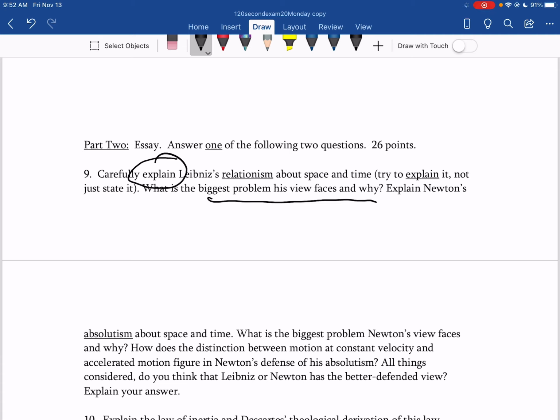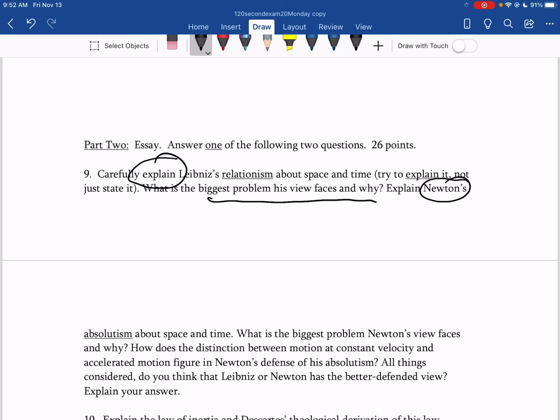Leibniz tries to handle that by saying we can make sense of possible distance relations. We don't need to just talk about actual distance relations. We could understand cousinhood by talking about what it would be for Barack Obama to be your cousin, something like that. The danger is that it's slipping pretty close to Newton's view when we talk about these possible spatial or temporal relations.